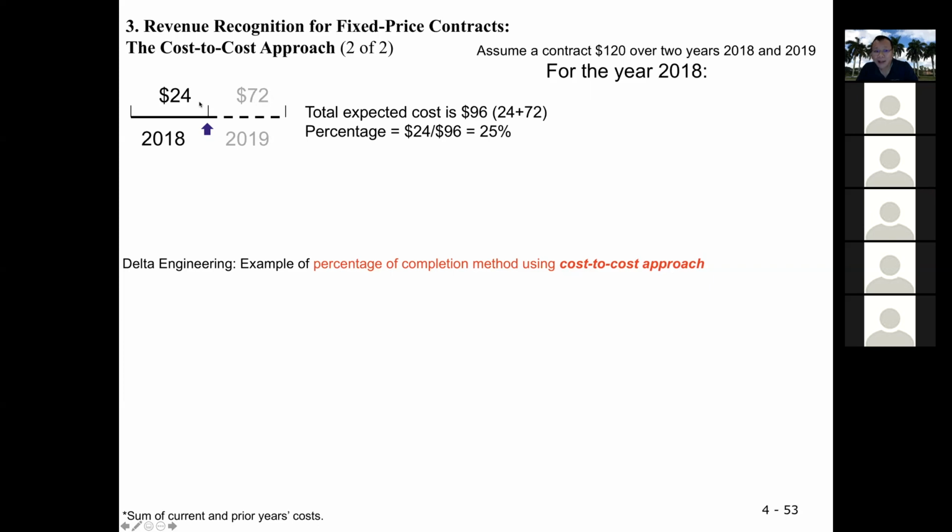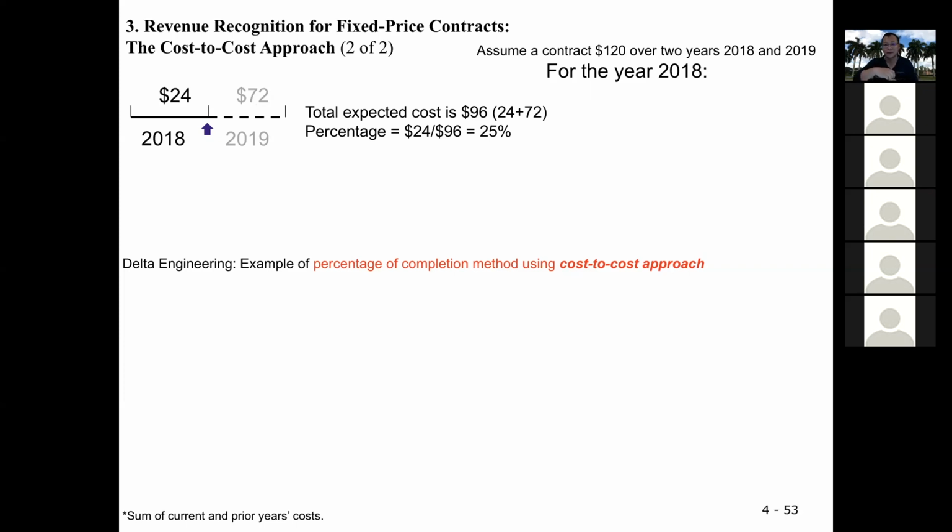So then your total expected cost would be the first year's actual plus the second year's estimate, right? So 24 plus 72. That's your best estimate. And so the percentage is 25%. This is really important. I'm not gonna move on unless everyone understands this, okay?